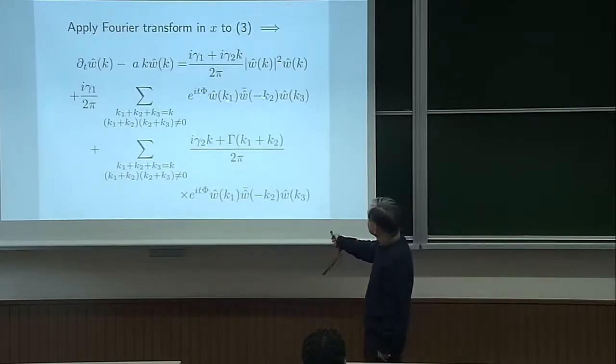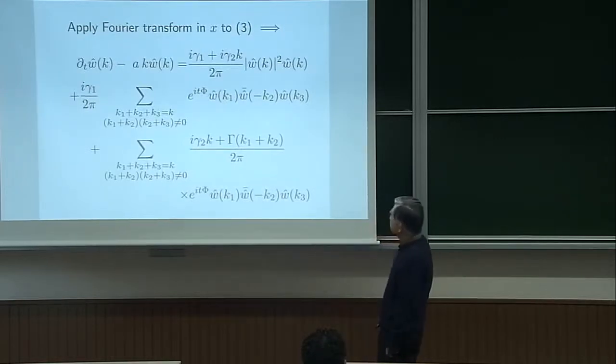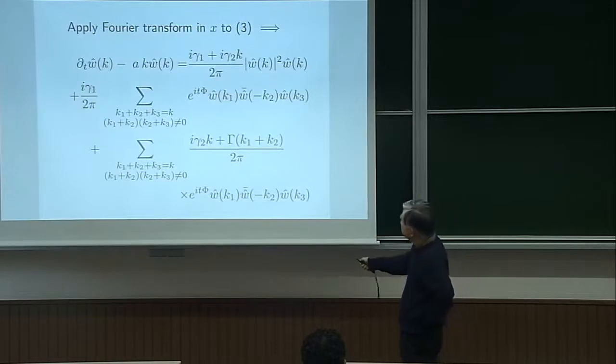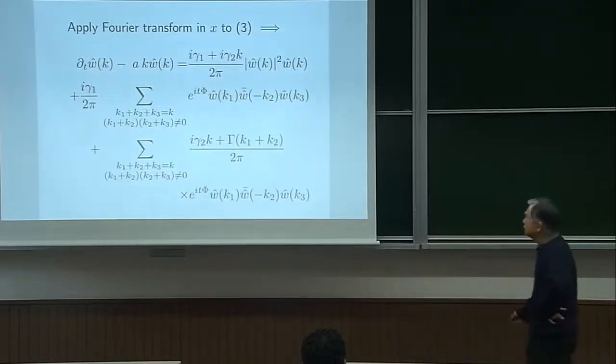Here K1 plus K2 plus K3 equals K, because this is the Fourier transform of the cubic term, so the convolution appears. This is just a convolution. This is also just a convolution.